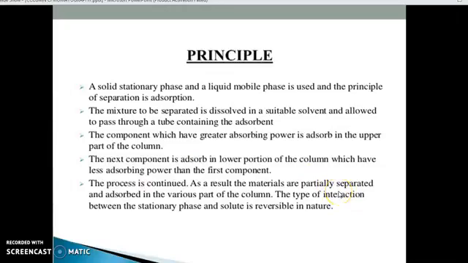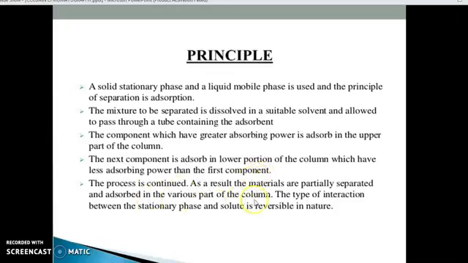Depending on that, the components with great adsorption power are adsorbed in the upper part of the column, and the lower portion of the column has components with different adsorption. Those with less adsorption power will be the first compound to elute, to be eliminated from the column.